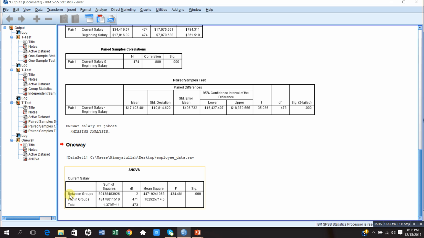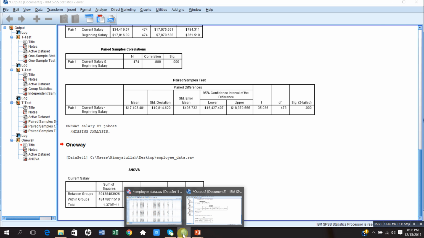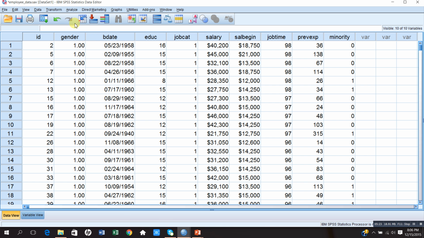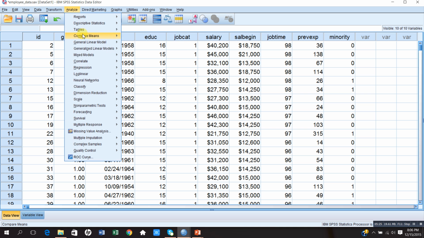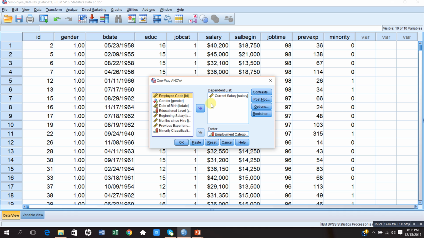So how can we be sure that these three are different? For that, I'll go back to my data, analyze, and go to ANOVA, and under ANOVA, my variable of analysis is current salary, and this is the employment category.